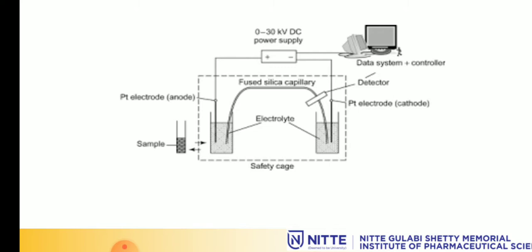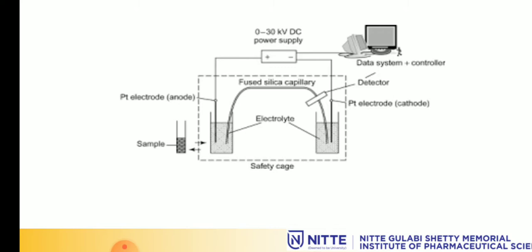If you look into the instrument, I have shown you two vials carrying buffer, and the capillary is dipped in them. There is a detector, and a computer system which helps you find exactly what the separated ions are.